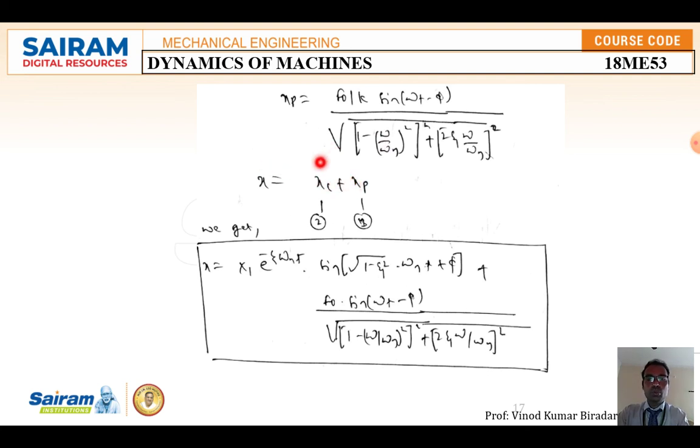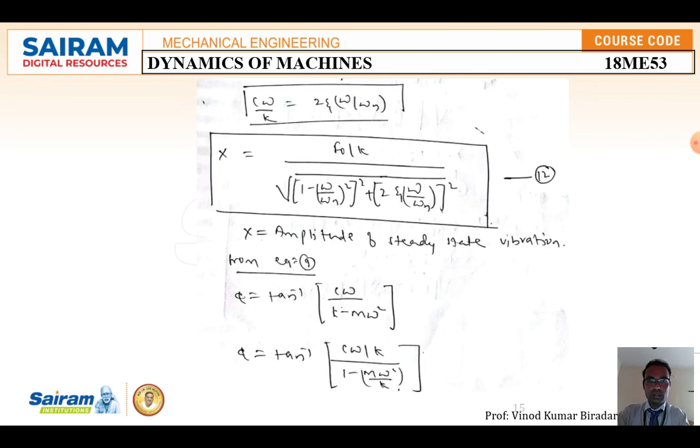Substitute the xc value from equation number 2 and xp from equation number 13, and you get the general solution: x equals x1 e to the power minus zeta omega n t into sin(square root of 1 minus zeta square into omega n into t plus phi), plus F naught sin(omega t minus phi) divided by the same square root expression. This is the complete solution of this equation.